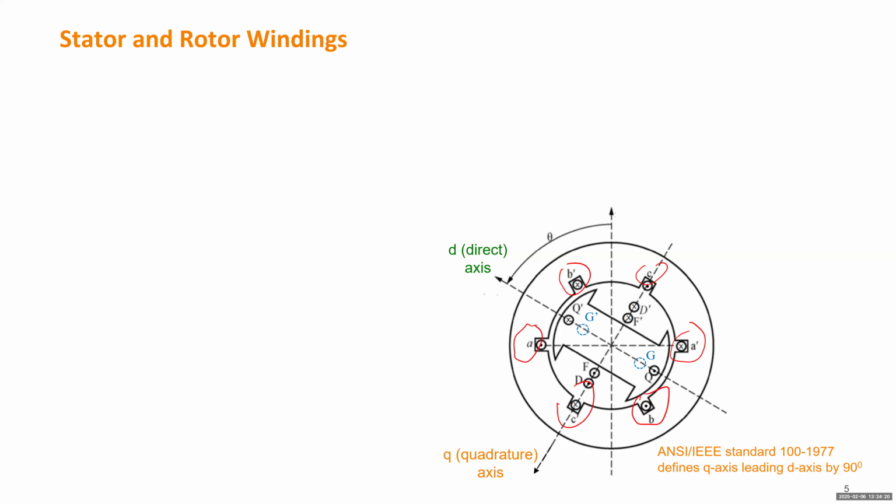The theta just indicates the location of the rotor, that is, the location of the D axis. So if we use the angle to categorize the direction of D, the angle is theta. And Q leads D by 90 degrees, based on the IEEE standard, so Q will be at theta plus 90 degrees.